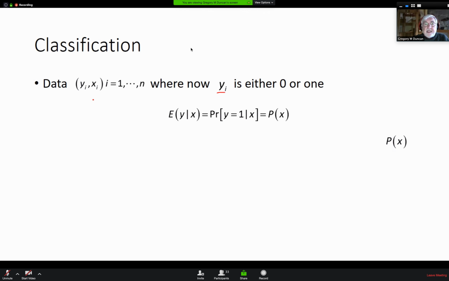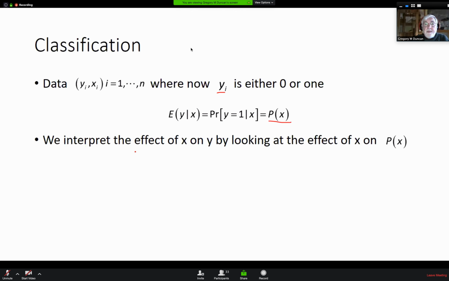The expected value of the y's is the expected value of y equals 1 given x. So to explain stuff, I take an expected value and replace it with a conditional expected value, and I'm going to write that simply as p of x. We interpret the effect of x on y by looking at the effect of x on the probability.